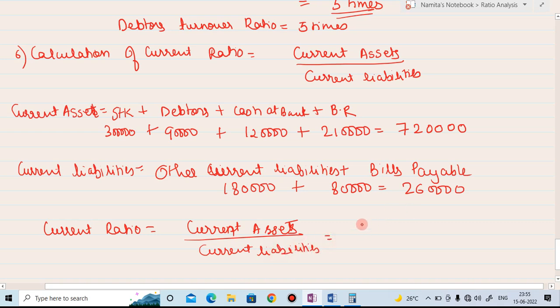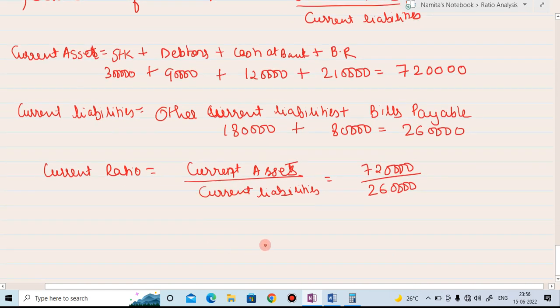So current assets is 7 lakh 20,000 upon 2 lakh 60,000. So the ratio will be 2.77 is to 1. This is the current ratio. Sometimes in the calculator this answer will not come in a ratio format. You need to find it separately.